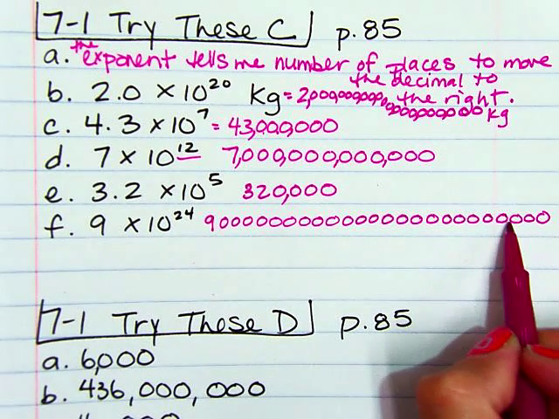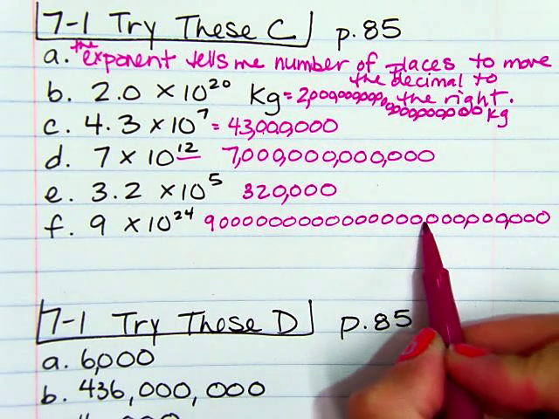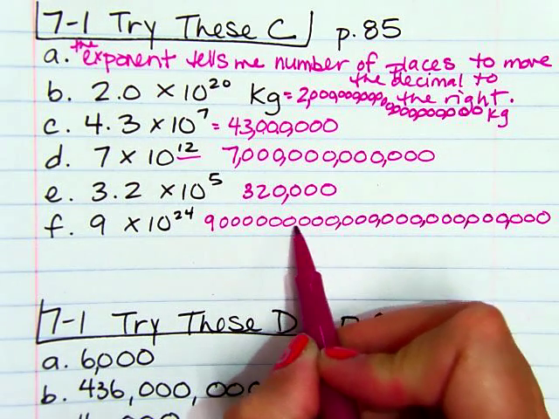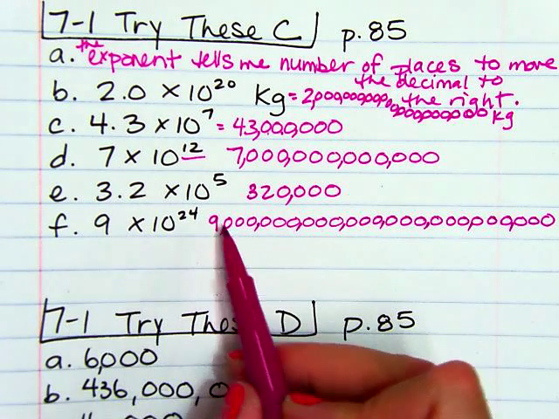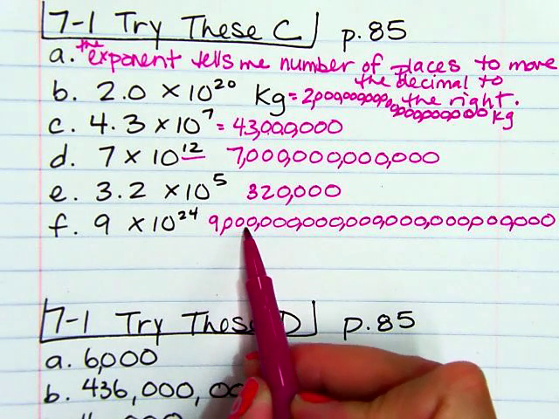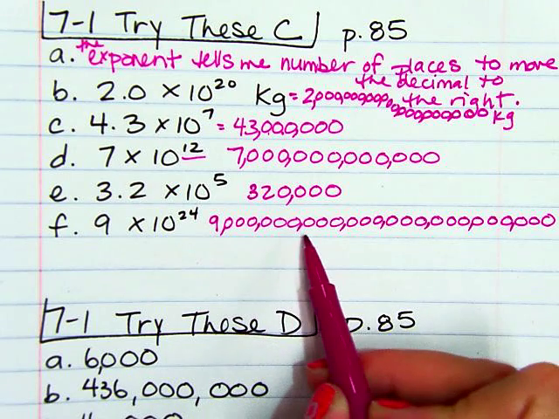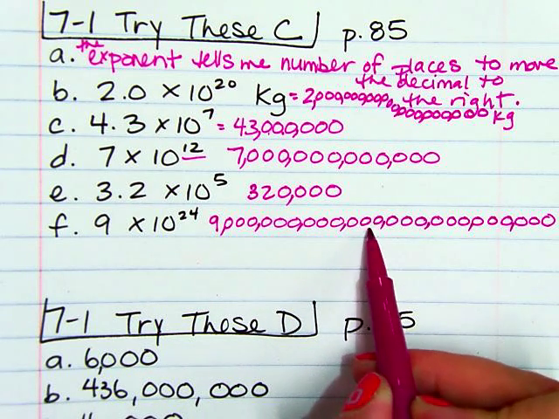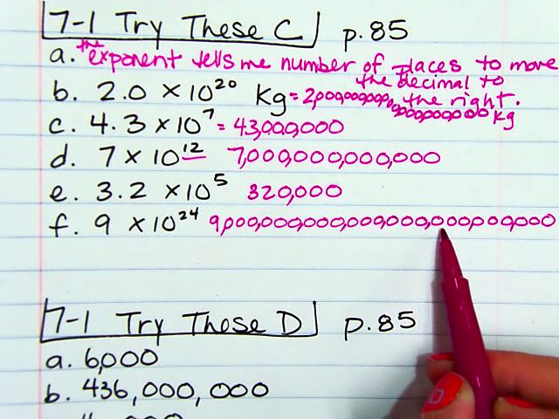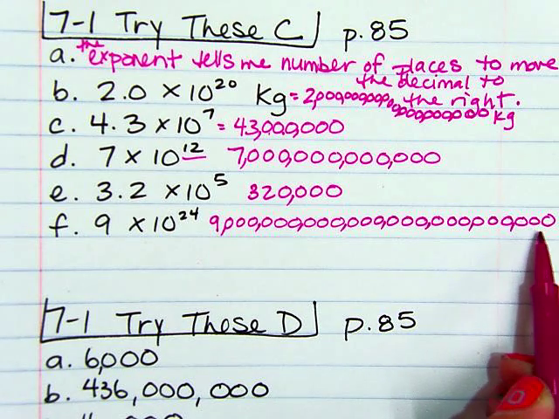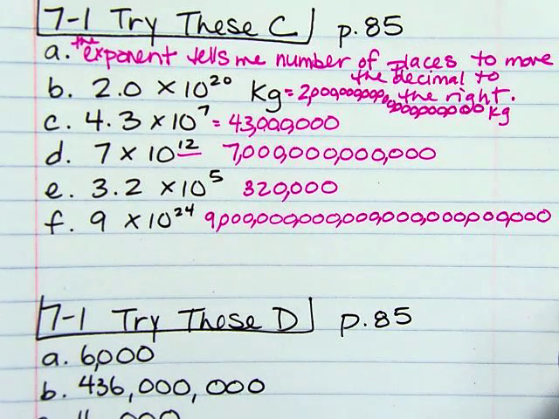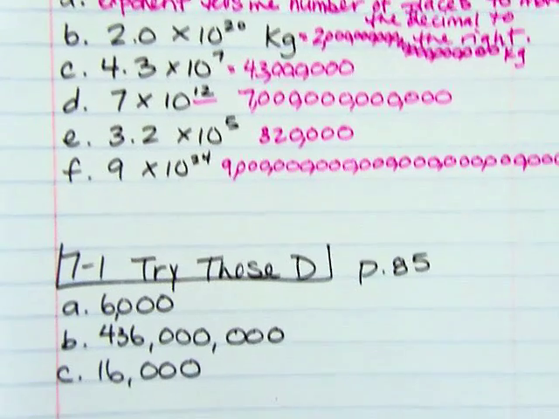Whew, that's a lot of zeros. Let's make sure I did it right. So the decimal point is after the 9, 1, 2, 3, 4, 5, 6, 7, 8, 9, 10, 11, 12, 13, 14, 15, 16, 17, 18, 19, 20, 21, 22, 23, 24. Okay, so I did the try these C.